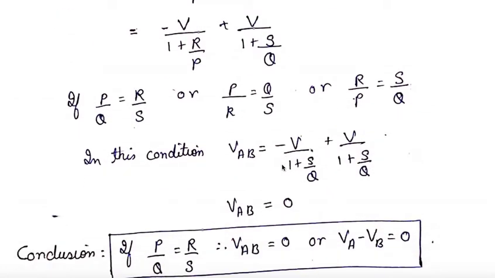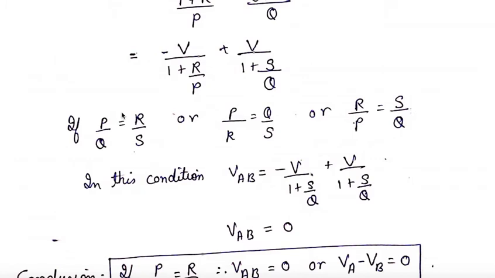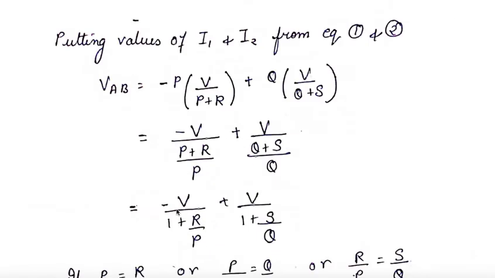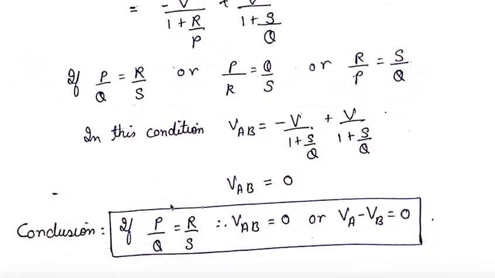Now you see the condition is, if the ratio of P by Q and R by S, where PQRS are nothing but the resistances, these resistances, is the same, or we can cross multiply, it will come out to be P by R equals Q by S, or we can again take the reciprocal, the ratio will be the same.